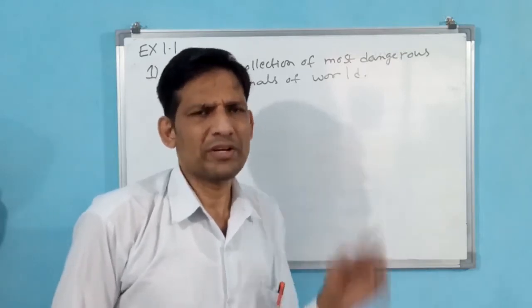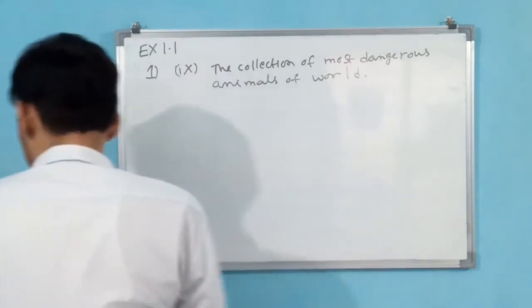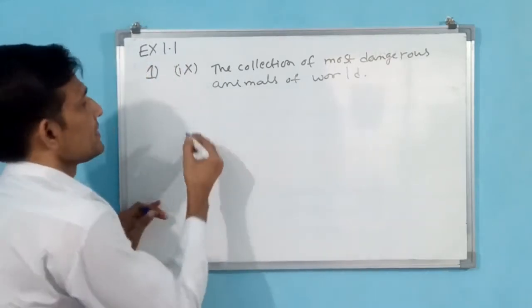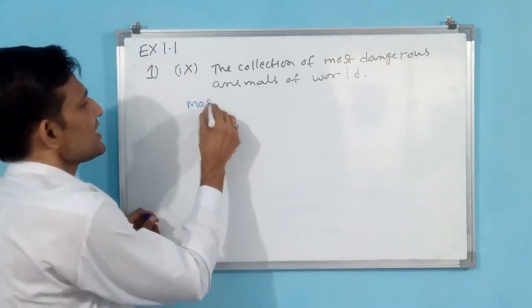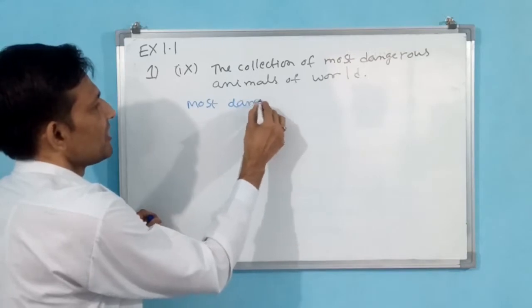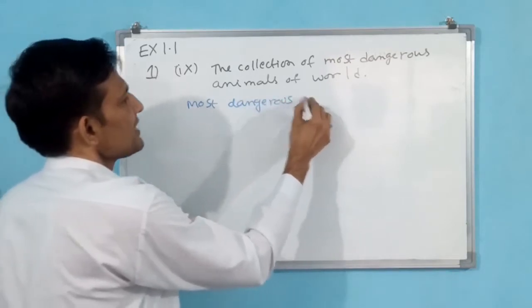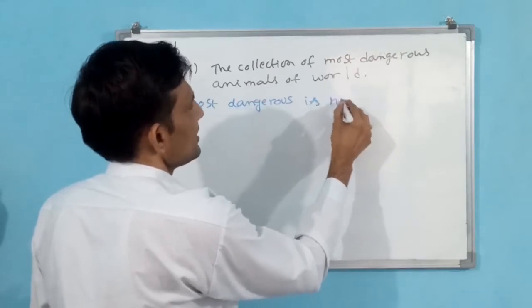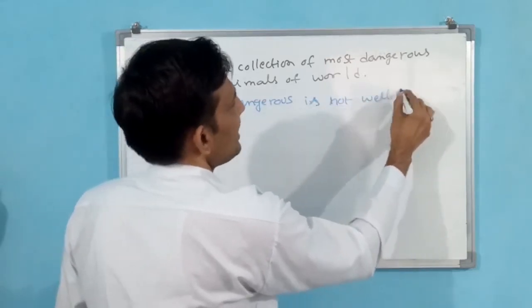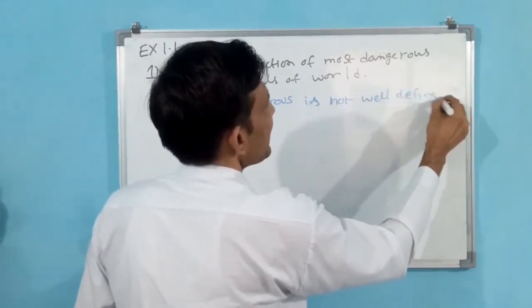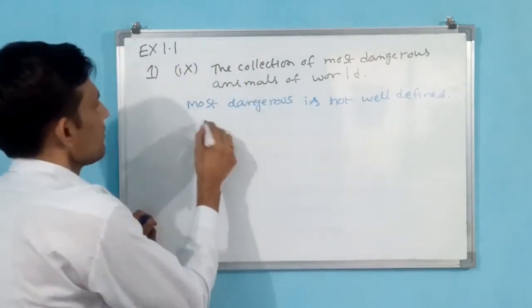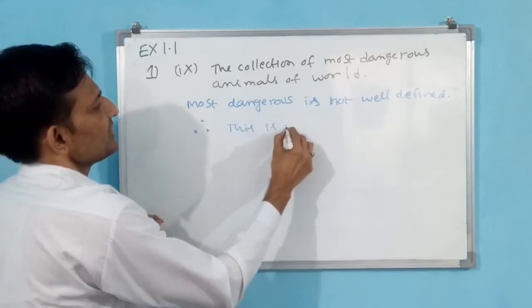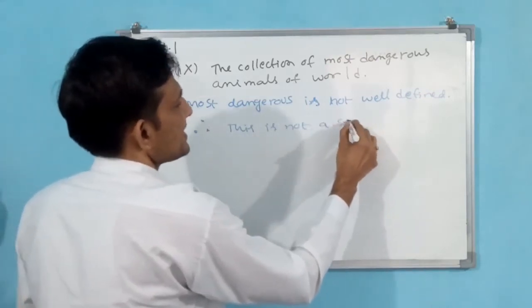That is why this is not a set. How do we have to answer this? Most dangerous is not well defined. Therefore, this is not a set.